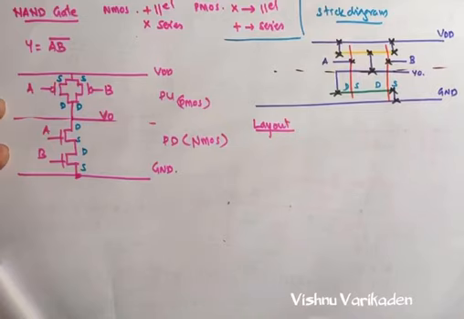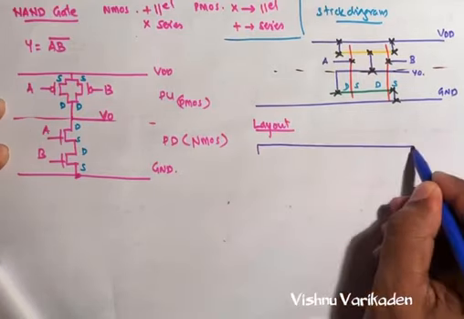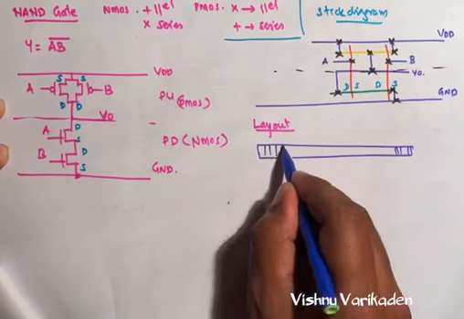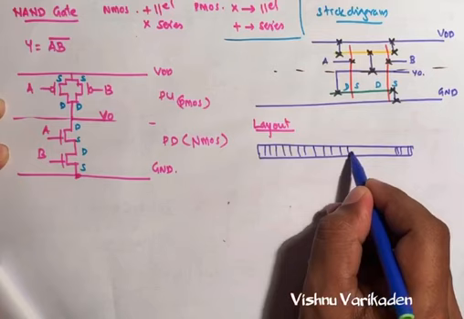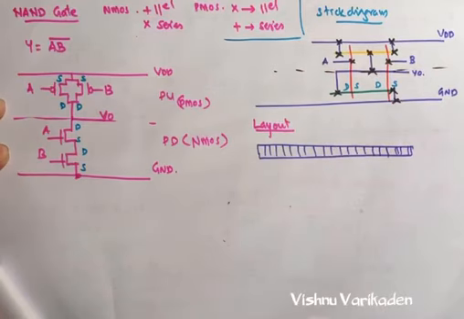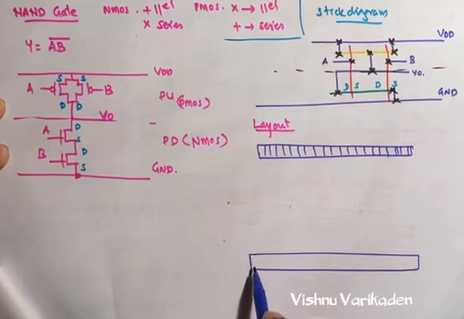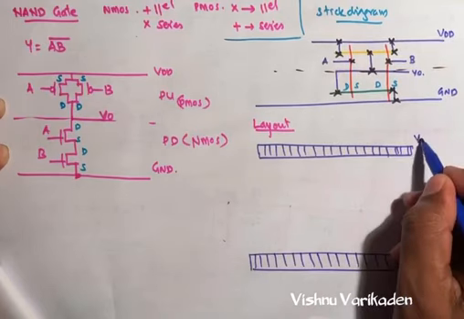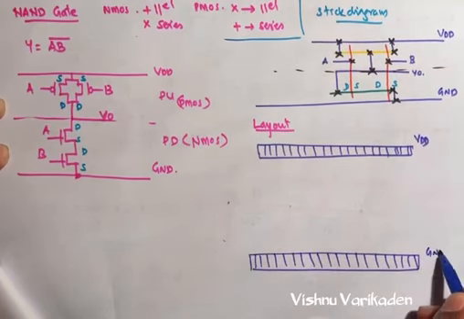First we will start from the metal one. This is our metal one. Next one is for the ground, metal 2. This is our VDD and this one is ground.